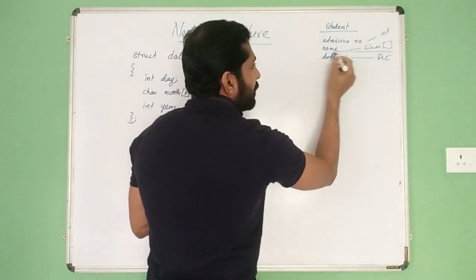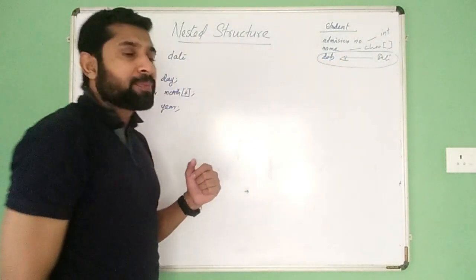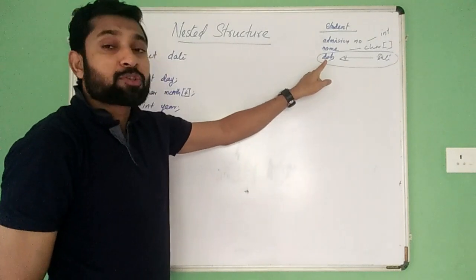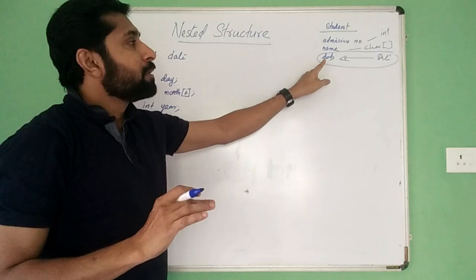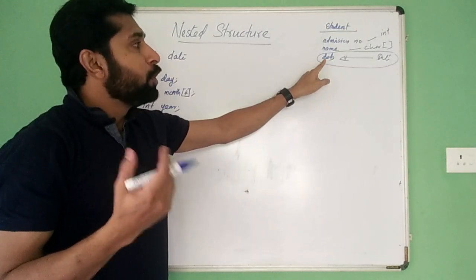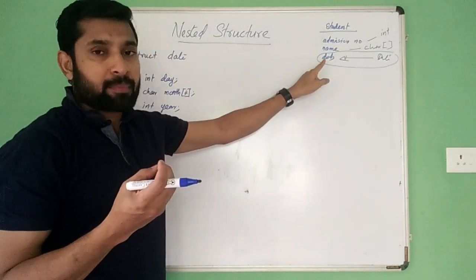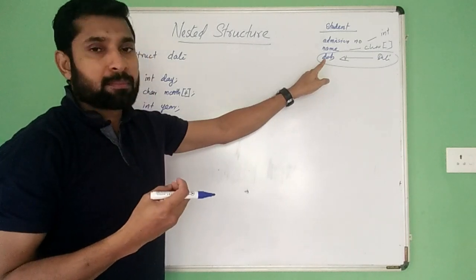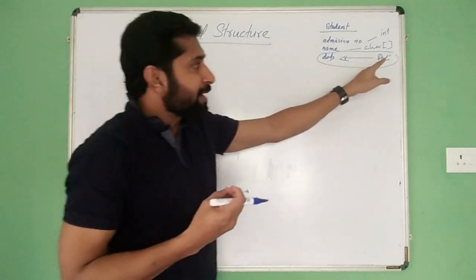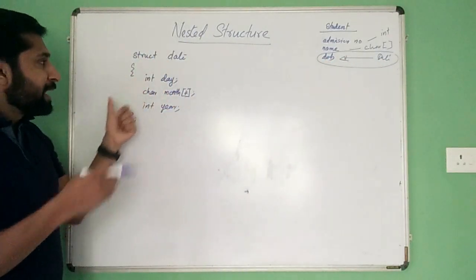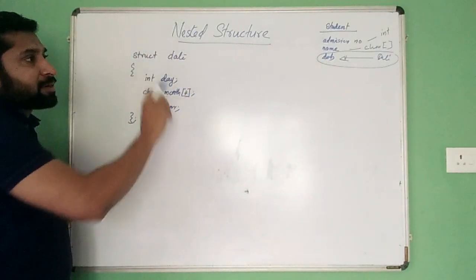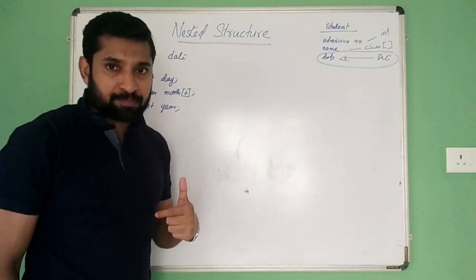Here our focus goes to this. We want to store date of birth of the student. It is a date. We have no such data type in C++ for storing date. So we are creating a new data type. Date we have already created here, and we are using this structure inside the student structure.